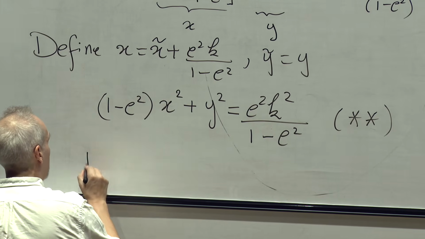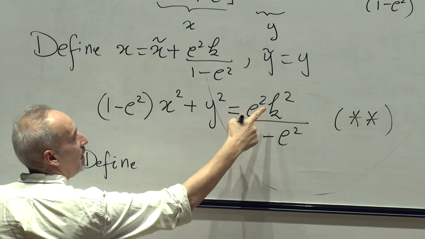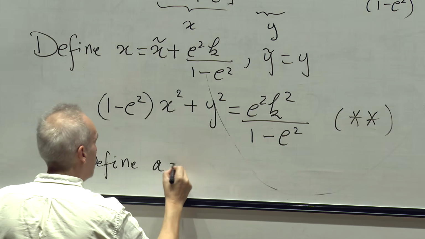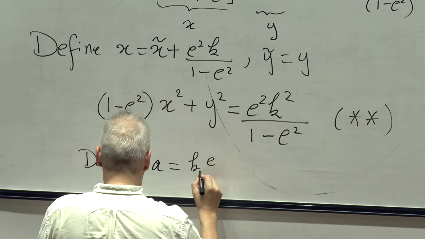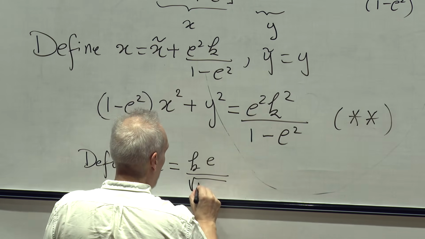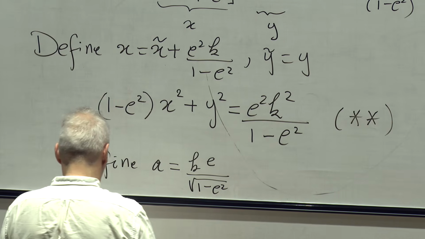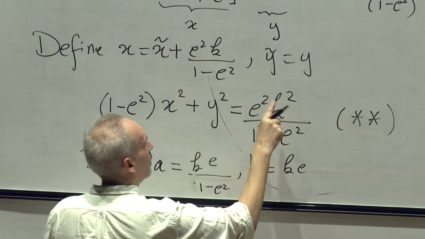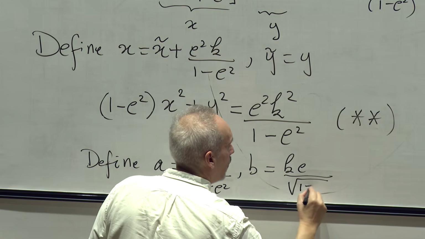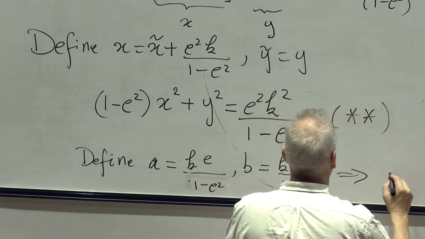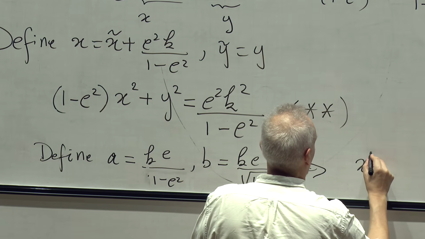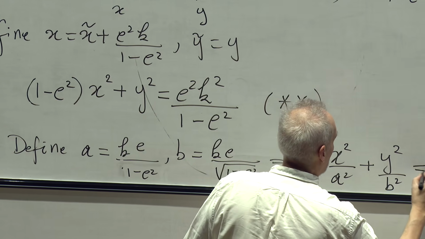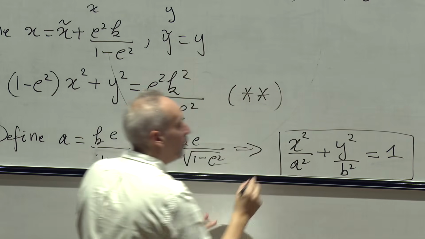So if I divide by e squared k squared over 1 minus e squared, and I define A to be k times e over 1 minus e squared, and B as k e over the square root of 1 minus e squared, I obtain x squared over a squared plus y squared over b squared equals 1. And that's the normal form of the ellipse.